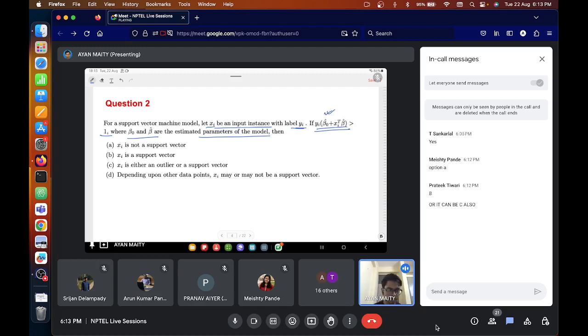Pathik is also saying that it can be C also. Okay.